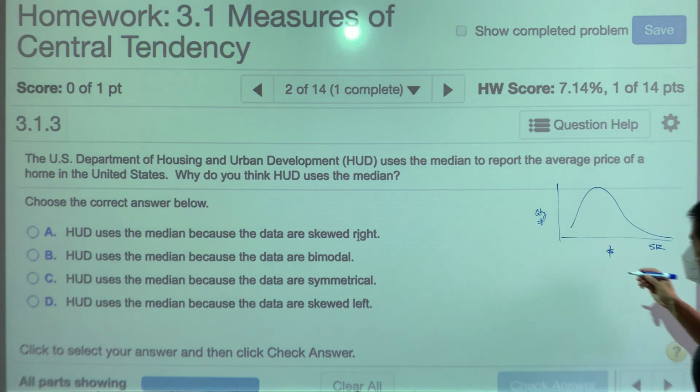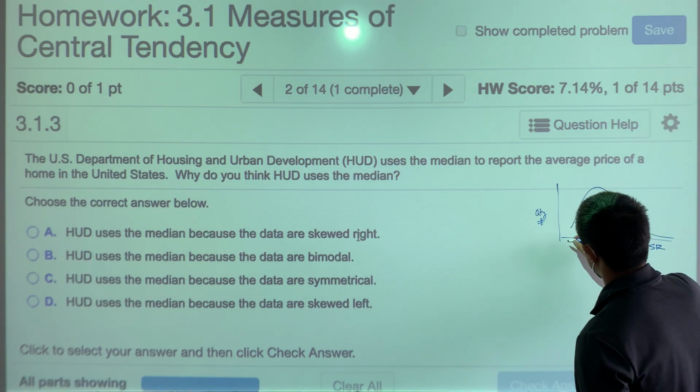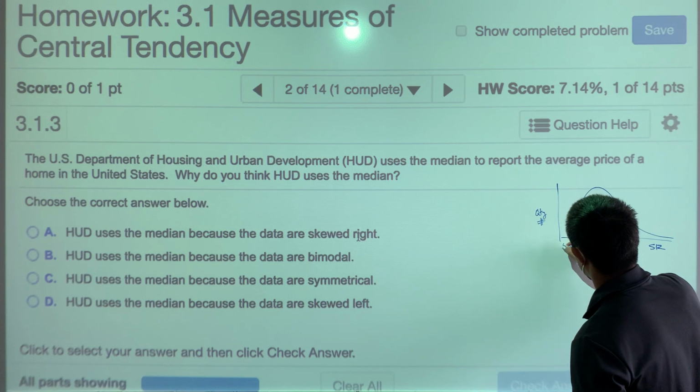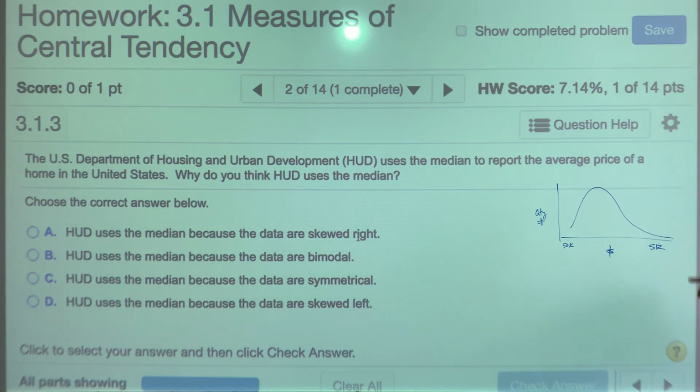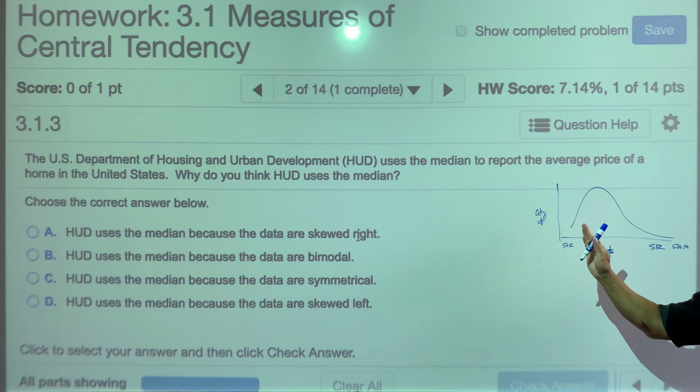So this is a home that's, let's just call it $50,000, and this is a home that's, say, $500 million. Are there going to be a lot of homes in the $500 million range? Certainly not, right? But there are going to be more homes closer to the $50,000 range.